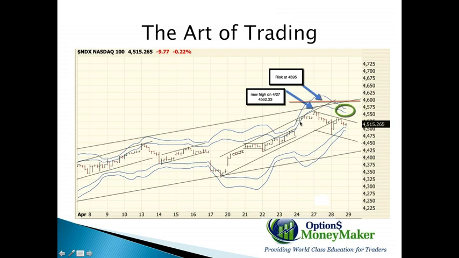There are times when the price will move outside of the Bollinger Bands, and the majority of the time we find that in a very short period of time, the price is going to snap back inside the Bollinger Band envelope. So when you see the price exceed below the Bollinger Band or above the Bollinger Band, there's a high degree of probability that it's going to snap back inside the Bollinger Band. And we use that as one of our tools.